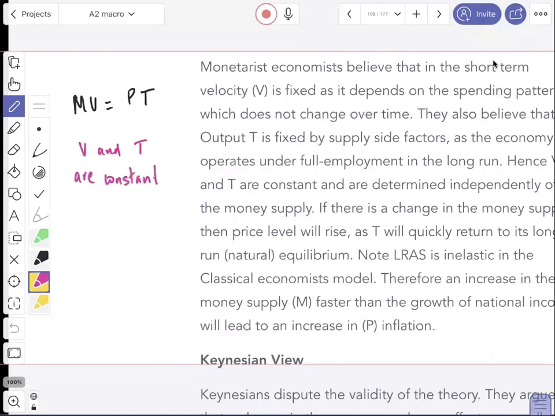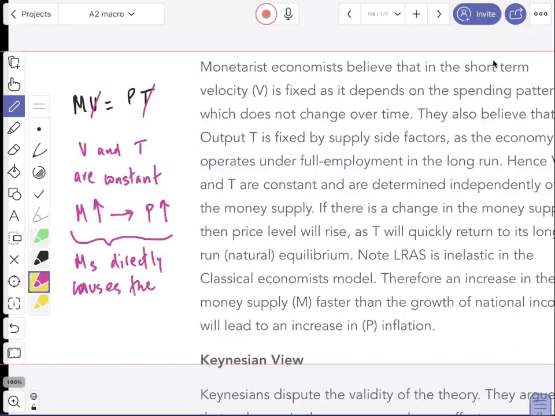When V and T are constant, V and T can be removed from this equation. So if V and T are constant, whenever M goes up, which means money supply goes up, you automatically will see the price level go up. So they came up with this argument that money supply directly causes the price level to go up.